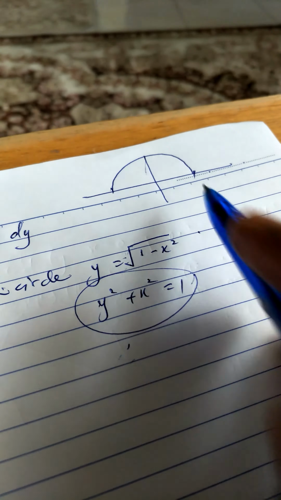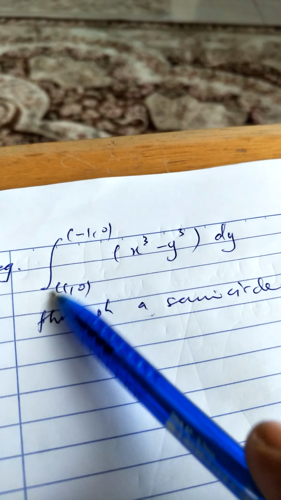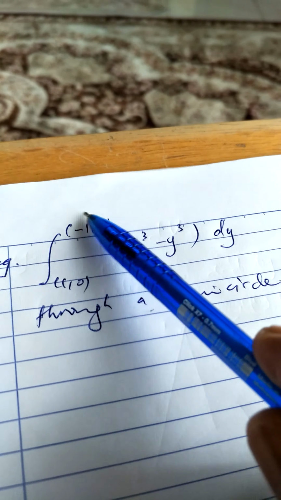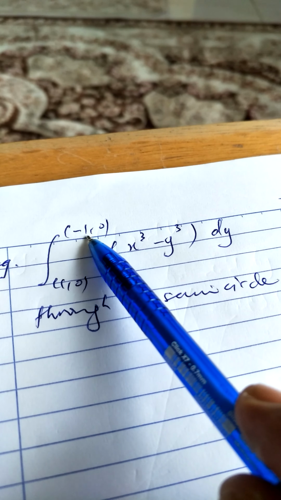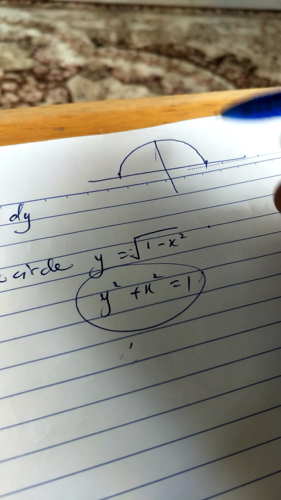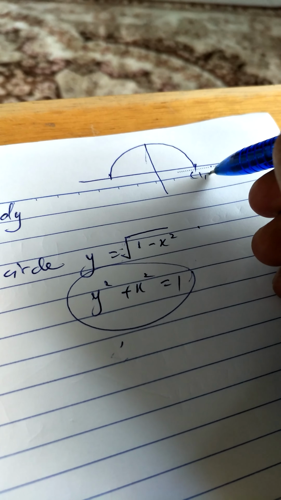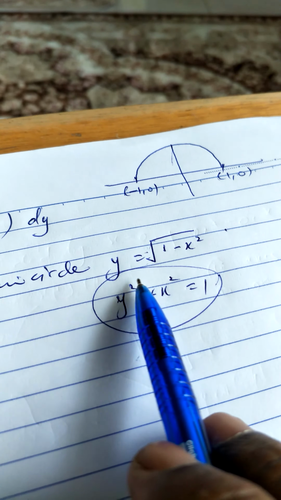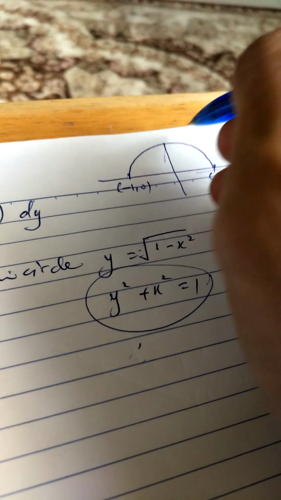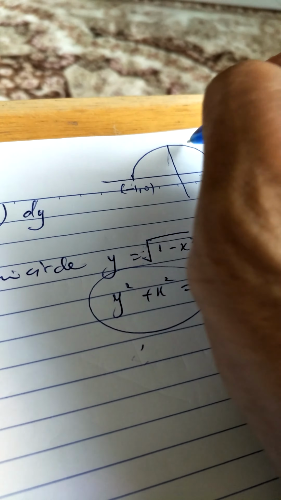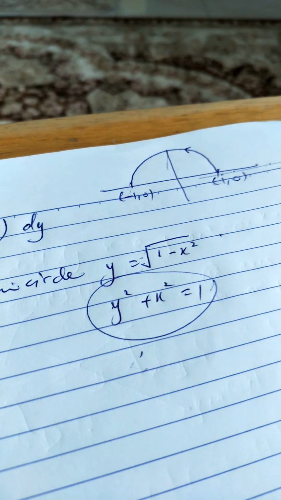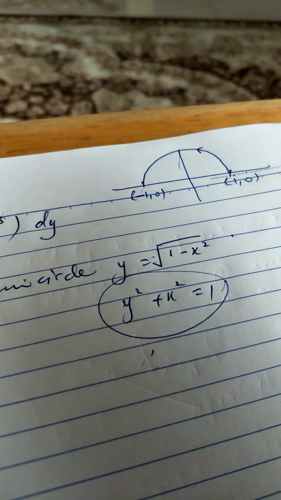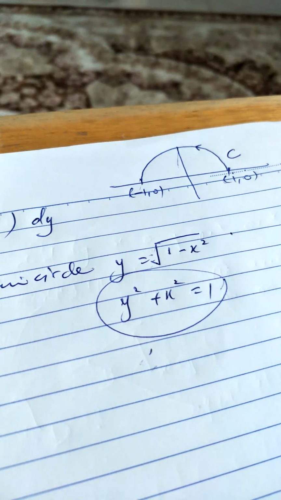If you look at the limits given here, it goes from (1,0) to (negative 1,0) along that curve. This is the direction of the integration, and this is our C.